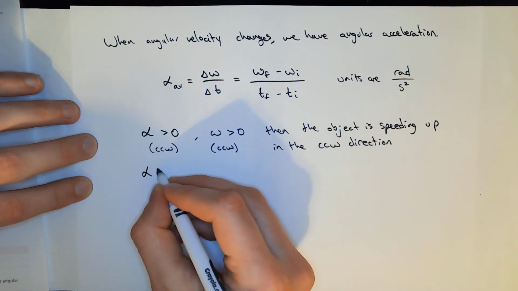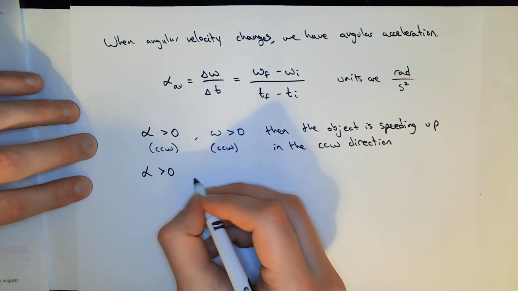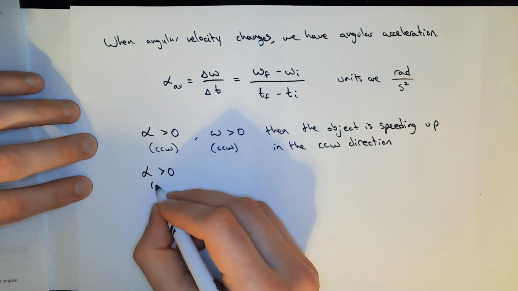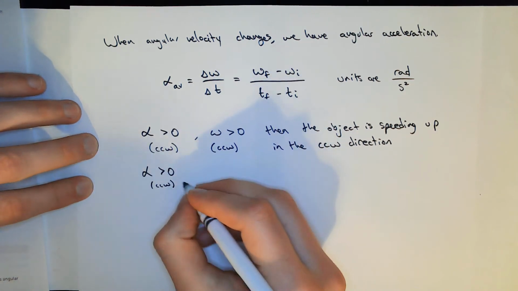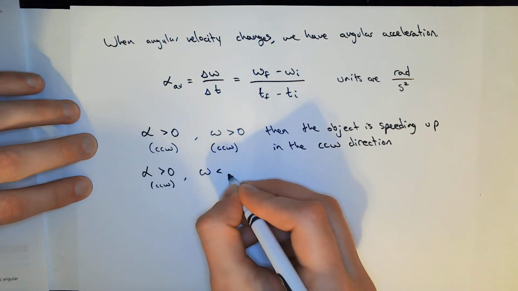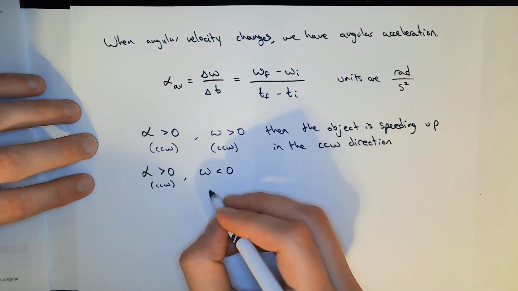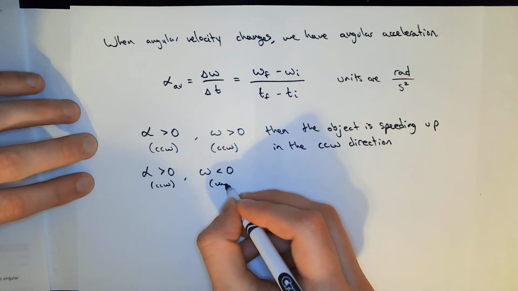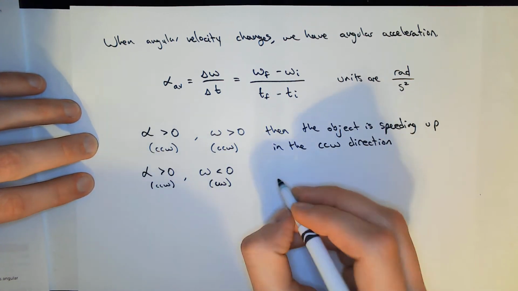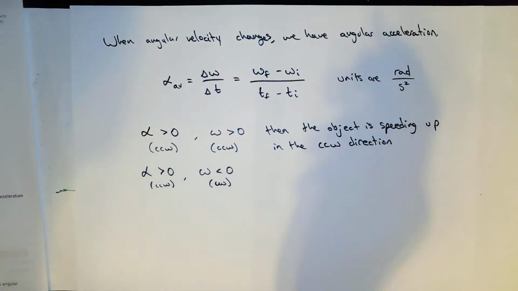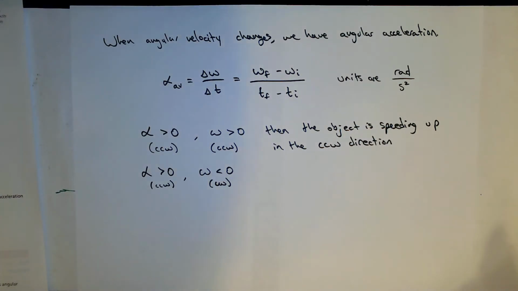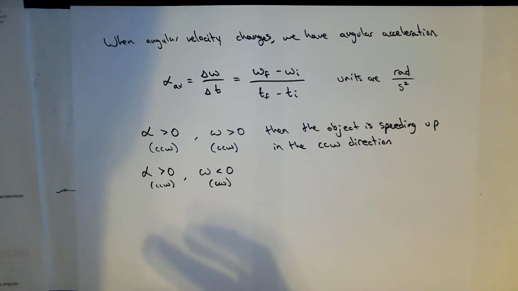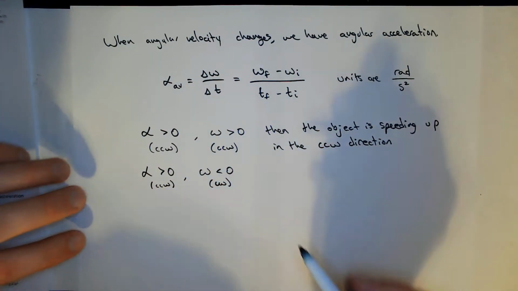If alpha is positive in the counterclockwise direction, that's what alpha being positive means, and omega is negative, aka the clockwise direction, then what's the object doing? Well, the acceleration is fighting the angular velocity.